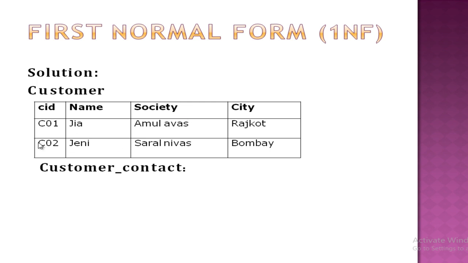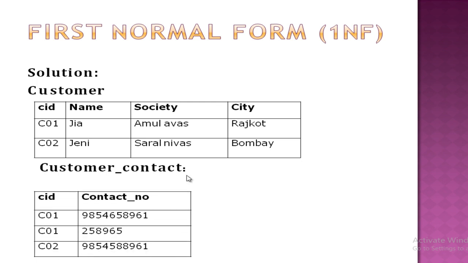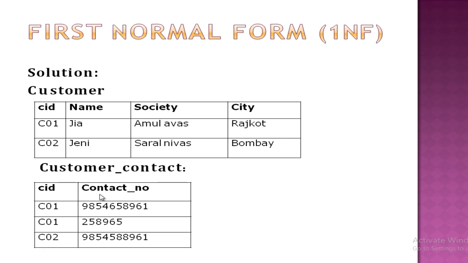Here you can see all the data are individual, with no composite value attribute or multi-value attribute, right? And the second table is customer contact, with customer ID and contact number, respectively CO1, CO1, CO2, right? So this is the first normal form solution. These are the two approaches we can follow for it.